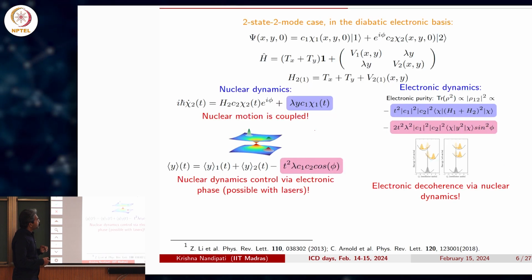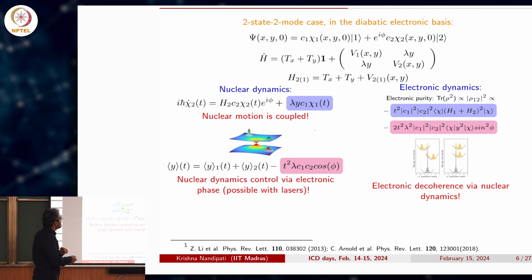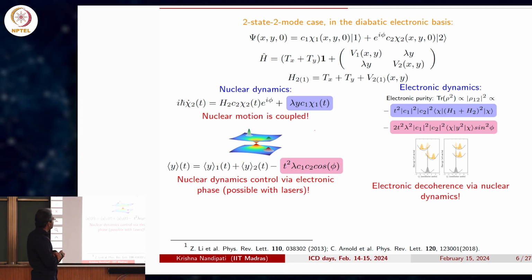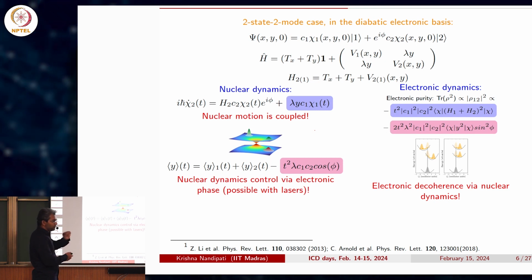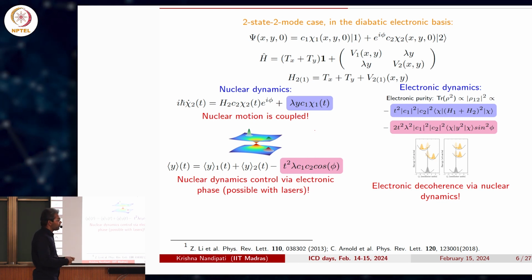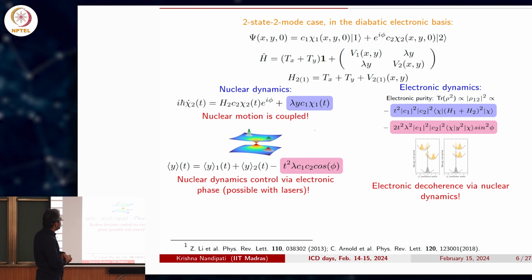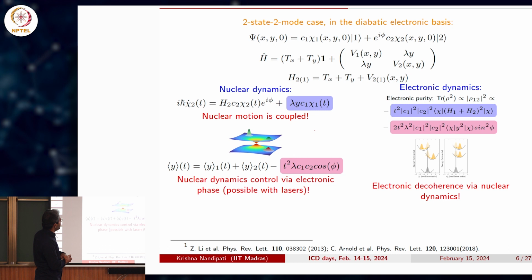Okay. So this was already told, but pictorially I'm just showing. If you have a wave function evolving on one state, so let's say a general wave function in the 2 by 2, you have two electronic states and they are coupled. How do the non-adiabatic couplings affect the motion of the nuclei on each of the surfaces?